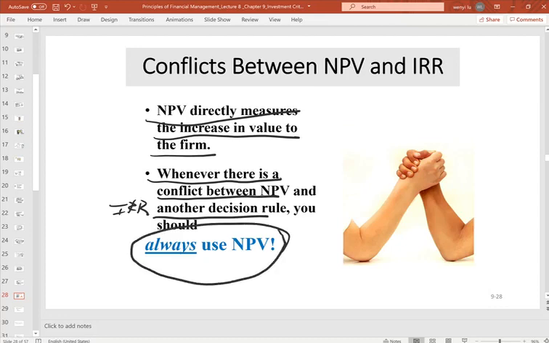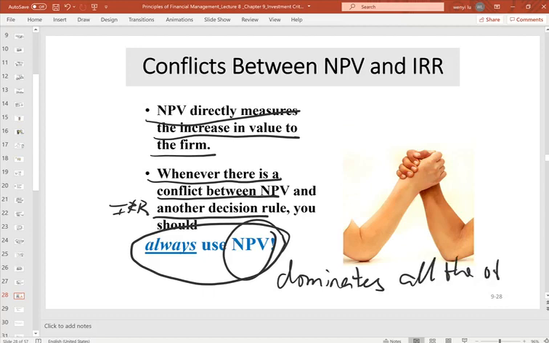So the NPV method dominates all the other techniques, because it is a direct measure of the increase in value to the owners.